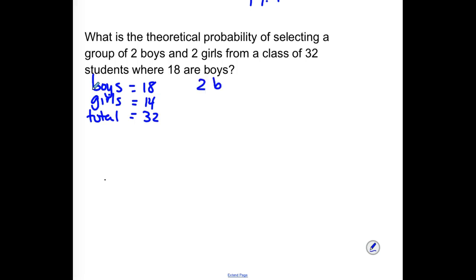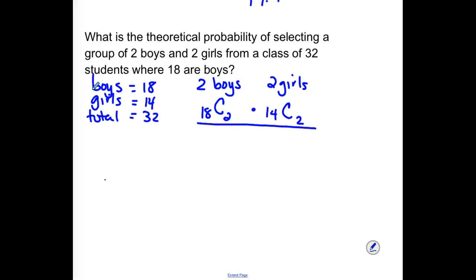So to get 2 boys, we would do 18C2. To get 2 girls, okay, and the total ways we can make a group of 4 kids. Good. All right, what did you come up with for a percent? Good.